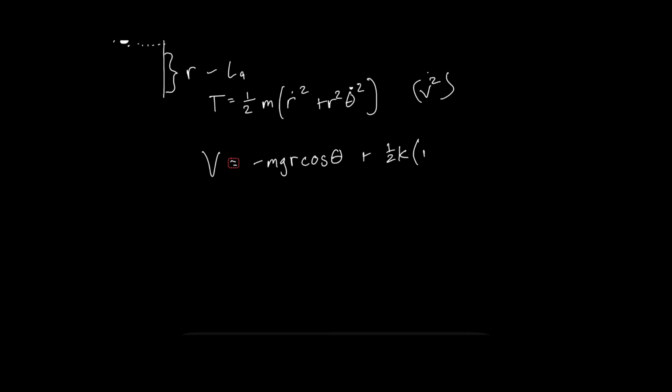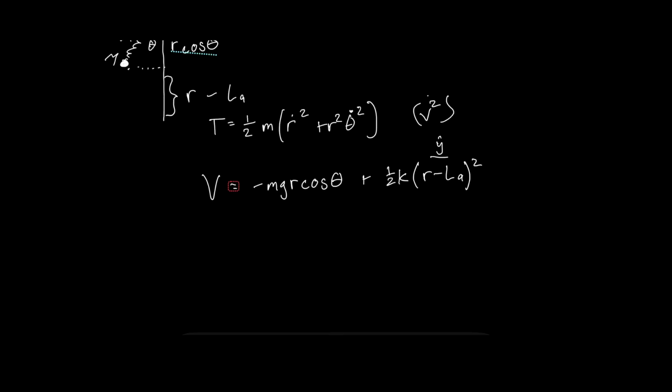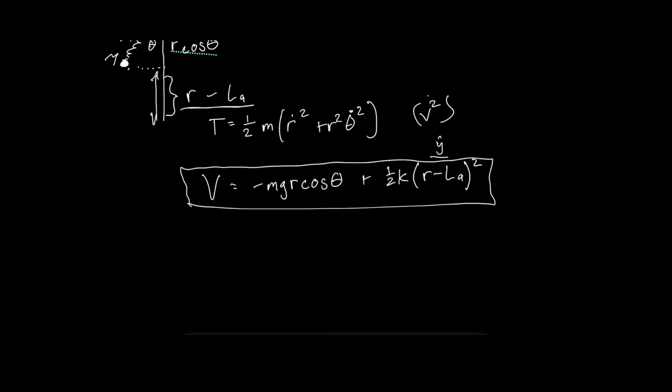This is the degree of freedom in the y direction that the spring is allowed to oscillate, given the terms of the problem, which is why we put that there. So that is our V, and this is our T.